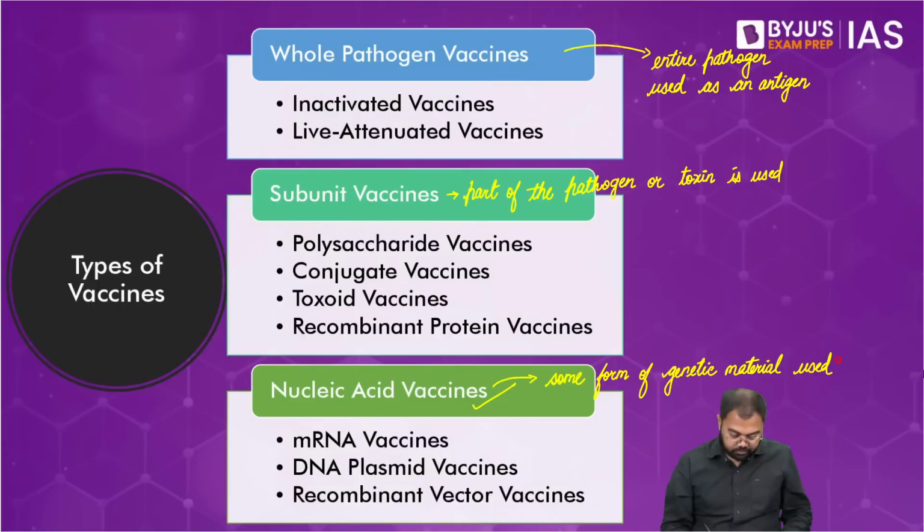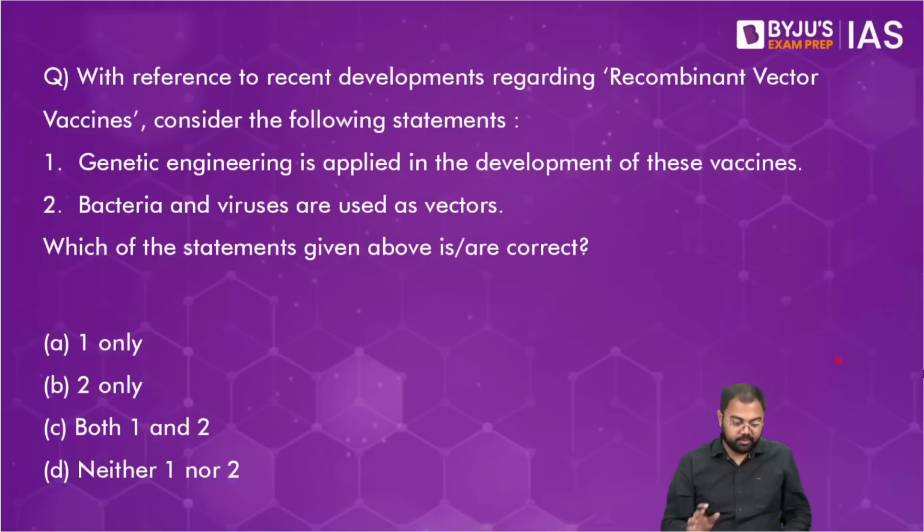Now, before going into some of the important vaccines, just read this question. I know that I have not discussed this, but you should still know the answer because of certain discussions that we have already done. Just read the question and tell me what you think the answer is. I'll launch the poll also for you.